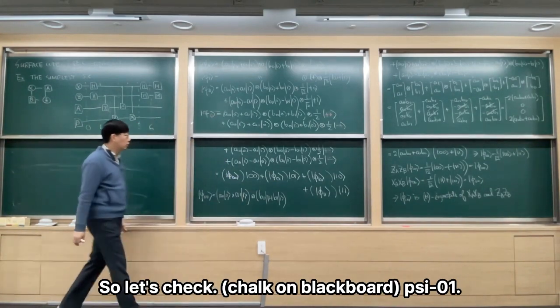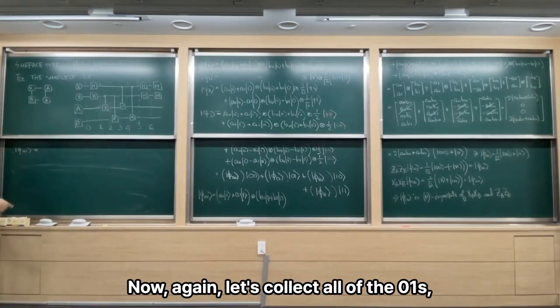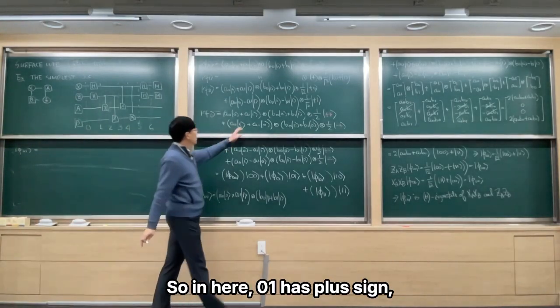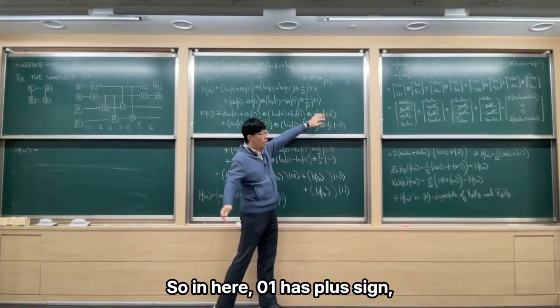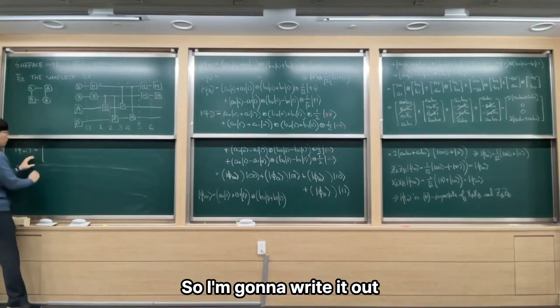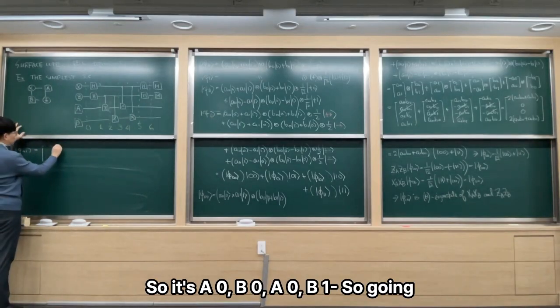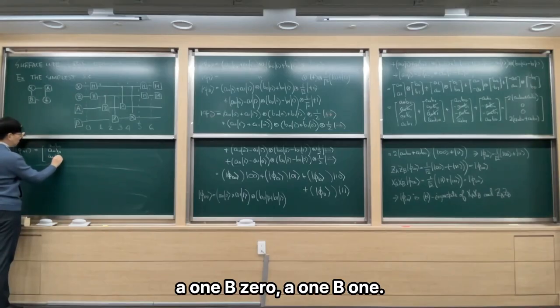So let's check. Psi 0, 1. Now again, let's collect all the possible 0, 1s here. In here, 0, 1 has plus sign, so I'm going to just have the same thing here. I'm going to write it out as a 4x1 matrix right away: A0 B0, A0 B1, A1 B0, A1 B1.